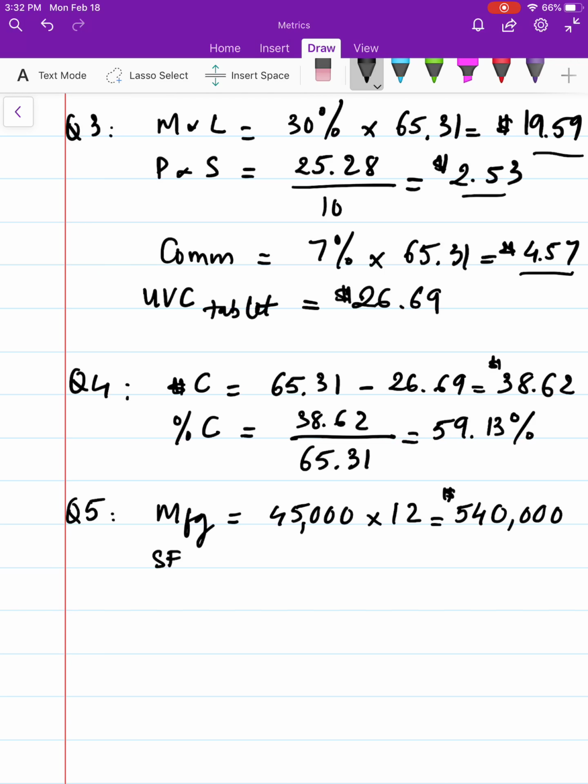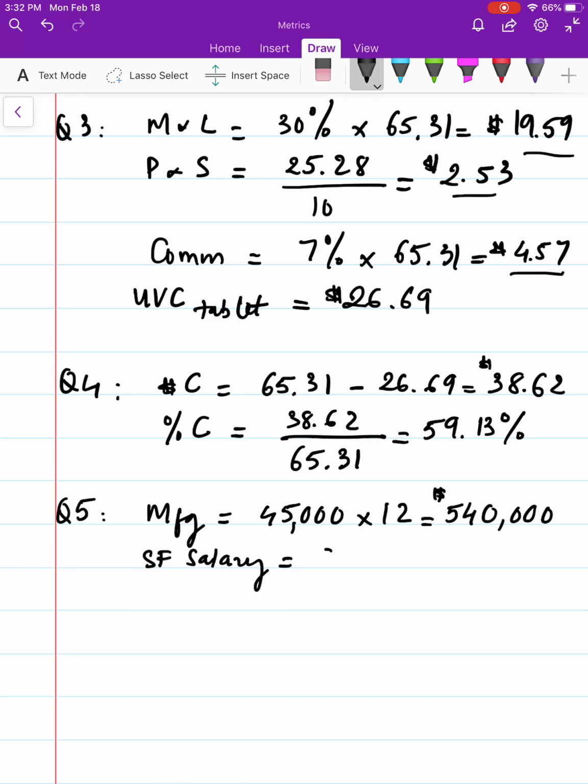Sales force salary would equal each salesperson's salary times the number of salespeople, and that equates to $360,000.